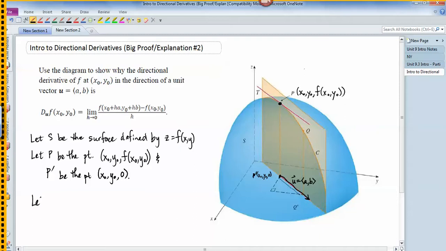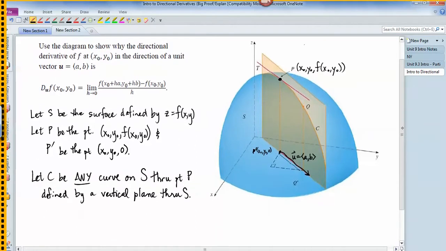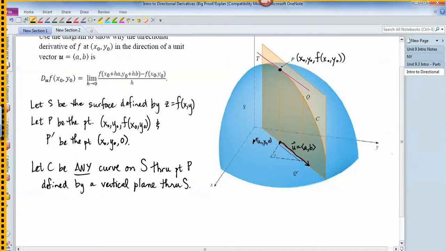So let C be any curve on the surface S, through the point P, defined by a vertical plane through S. Okay. So C is the curve stuck in that plane and on S.